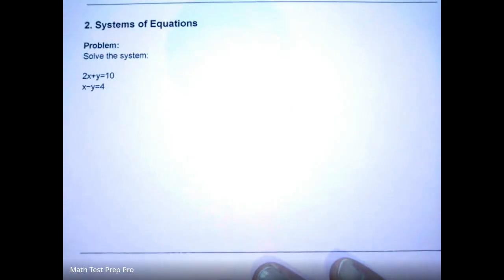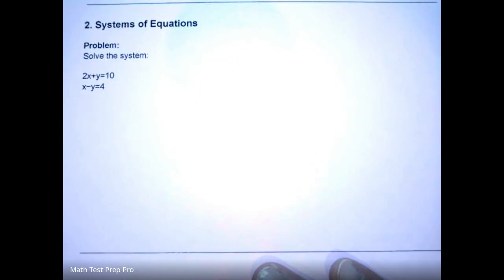These are two linear equations. So if you graph them, this would be one line and this would be another line. If you solve to find x and y, the x and y coordinates are going to be where these two lines cross when you graph them.